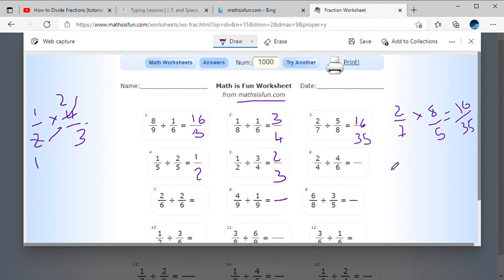Alright, we're at number 6, so it's 2 over 4 being divided by 4 over 6.